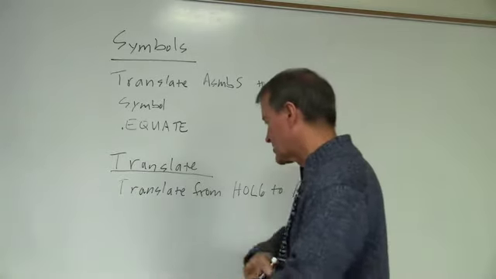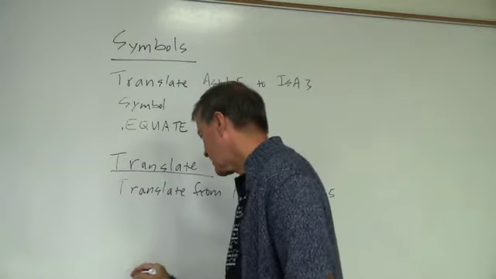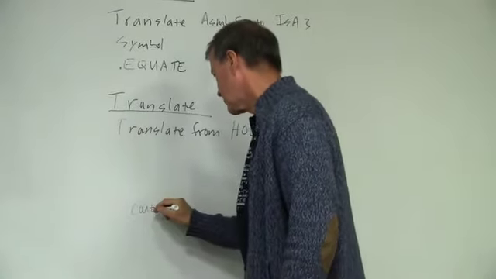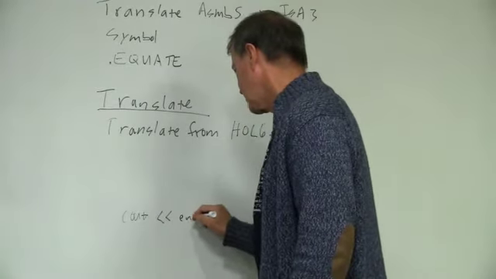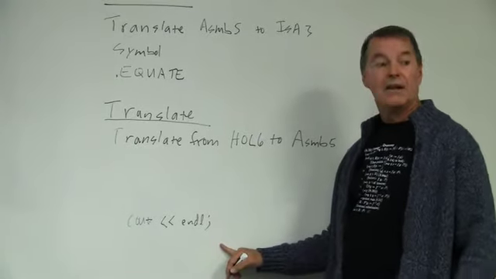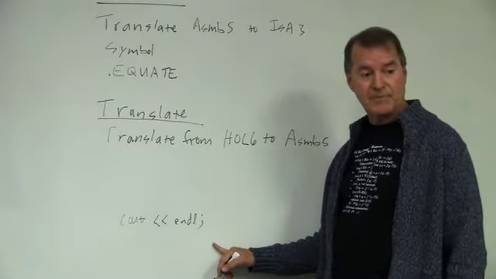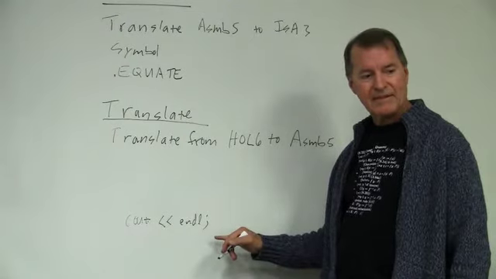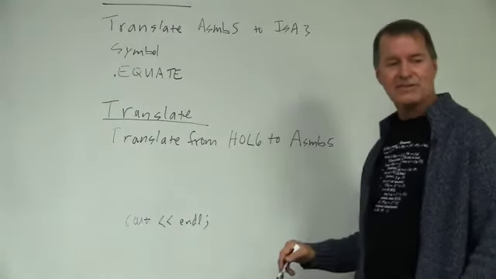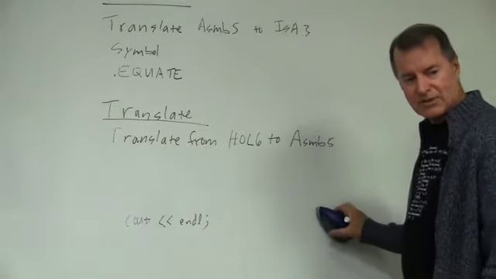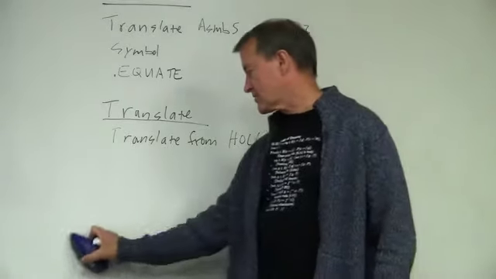In other words, how would you translate cout endl? CHARO, character output, backslash n. What addressing mode? Immediate, okay, as opposed to having that message be the start address of the string. Are you with me? Okay, so that's how you would do that.